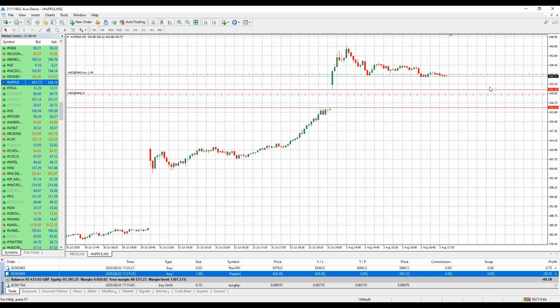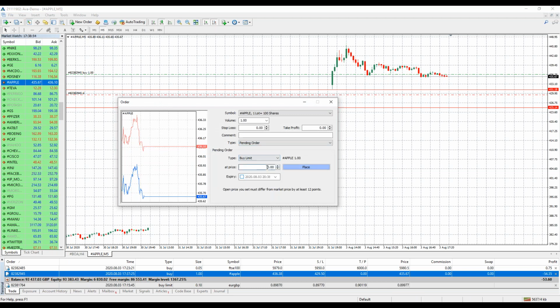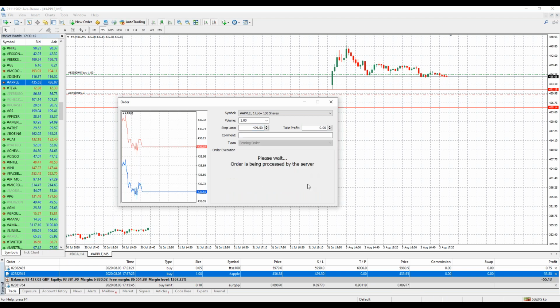So let's say 431.50 if it reaches, and it very easily could return there. So I might say, okay, I'll also get ready with a pending buy limit from 431.50, and I'll have the same stop loss down here at 429.50. 431.50 entry, 429.50 stop loss. As an example.